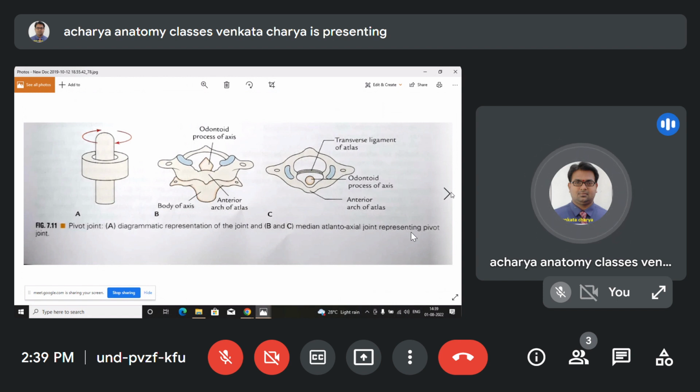C1 and C2 produce the no movement. So no movement by which axis? Vertical axis. So hinge is by the transverse axis, pivot by the vertical axis.